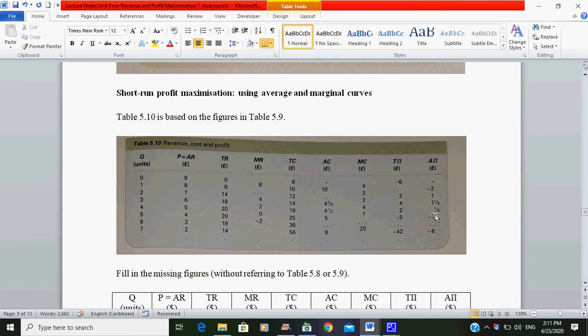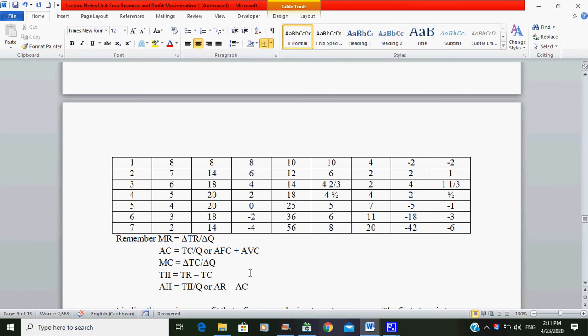Then you have average profit now. Average profit is equal to, let me show the formula, total profit divided by quantity, or AR minus AC.